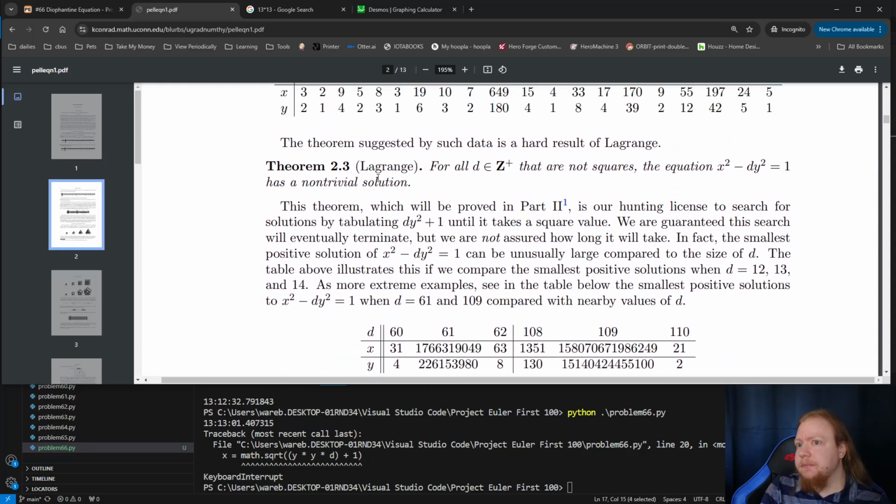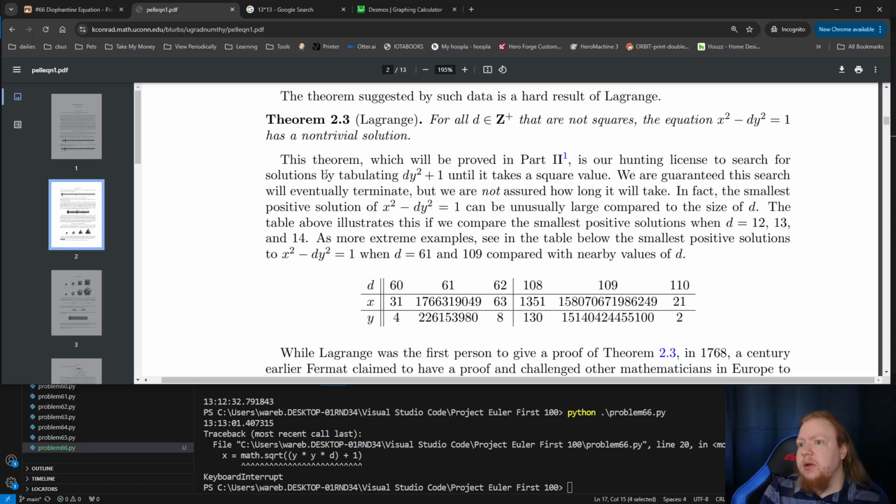And then Lagrange has this theorem: tabulating dy squared plus 1 until it takes a square value. You're guaranteed the search will eventually terminate, but we are not assured how long it will take.